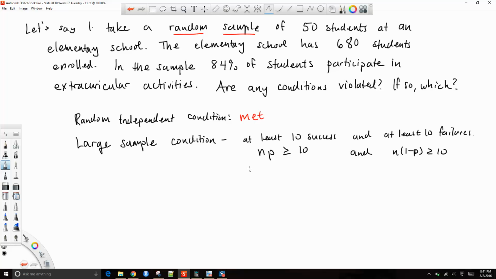Okay, so let's see. n is 50, and p is 0.84. So 50 times 0.84 is, what is that, 42? So that's bigger than 10, okay? We do 50 times 1 minus p, which is going to be 0.16, and this is 8. Okay, so 42 is bigger than 10, but 8 is not. So n times 1 minus p is not greater than or equal to 10, so this condition is not met.